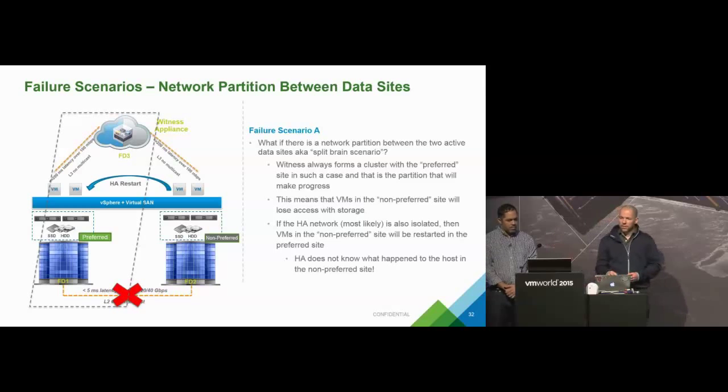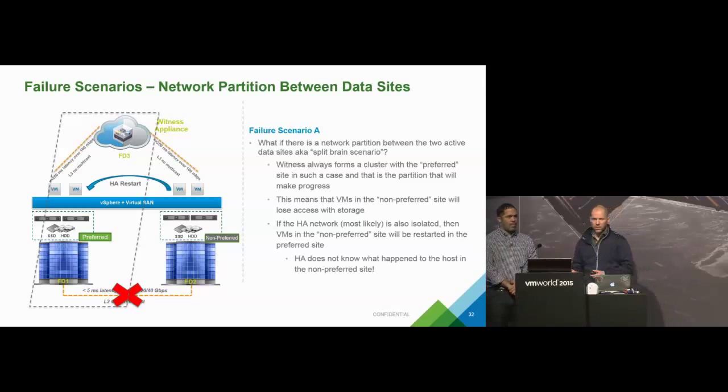If you look at the different type of failures that there are, a couple of things which I think are probably most common. The first one I'm going to discuss is a network partition between the two data sites. So in this case, one of the sites, which is in this case the non-preferred site, is partitioned from the preferred site, which basically means the network connection between both of the sites has gone.